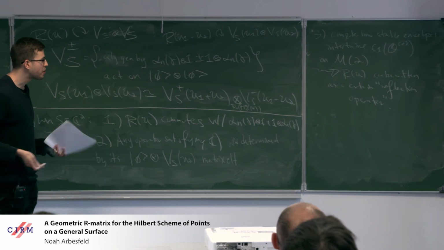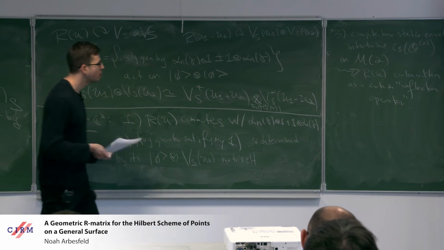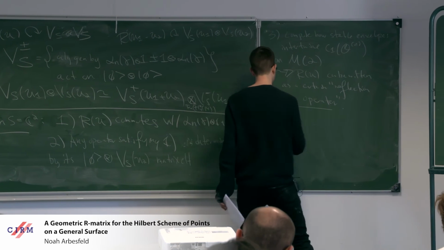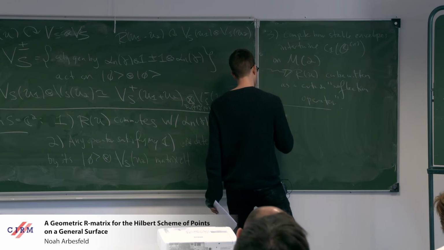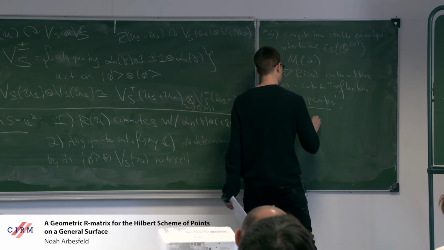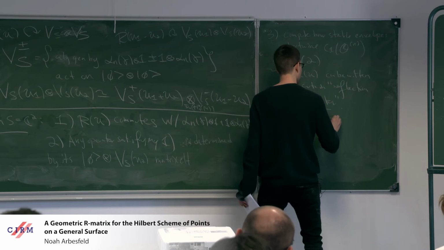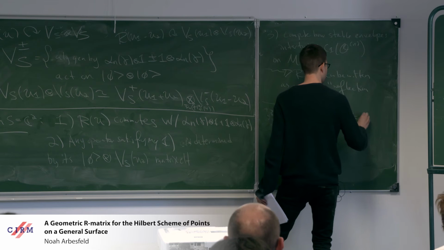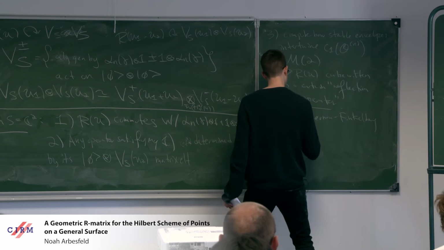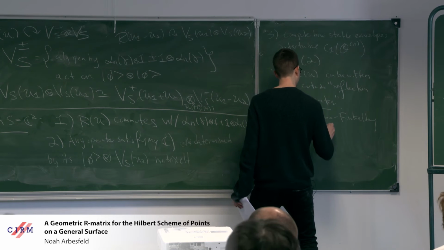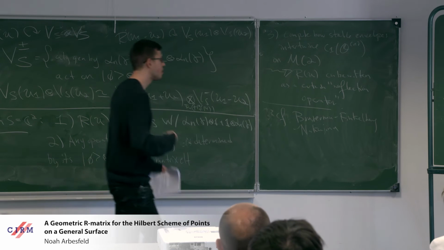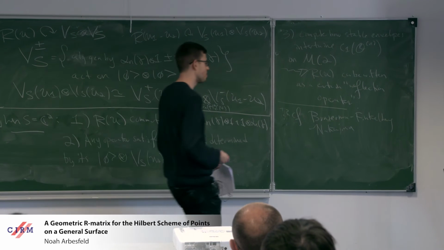And so one place to read about this construction is in Maulik and Okounkov's work. This construction was also used in work of Braverman, Finkelberg, and Nakajima, studying the cohomology of instanton moduli spaces.